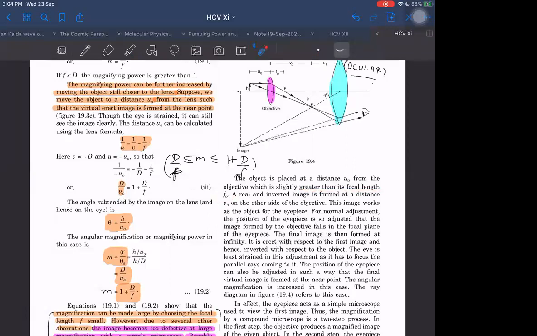This also is a point to be noticed properly. Slightly greater than the focal length f naught means it is nearly equal but slightly greater. Here we keep it, u naught is slightly greater than f naught.